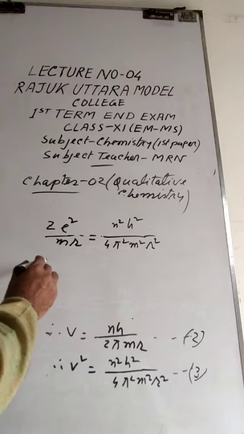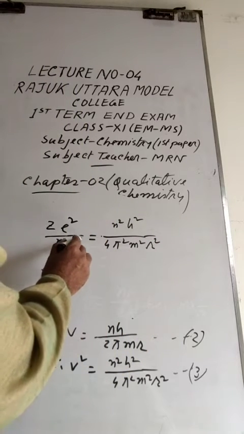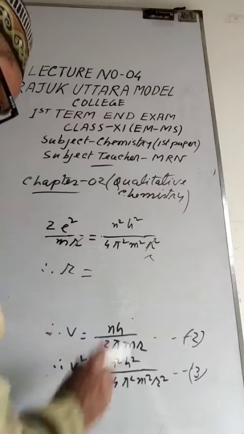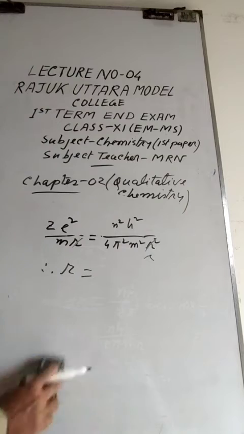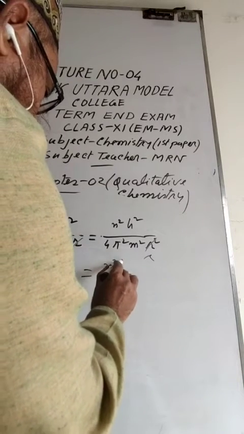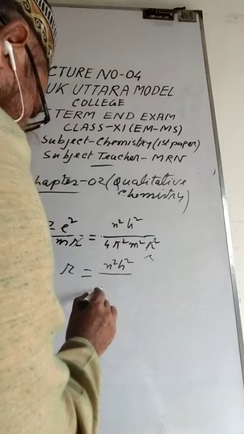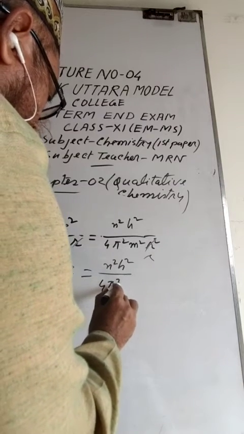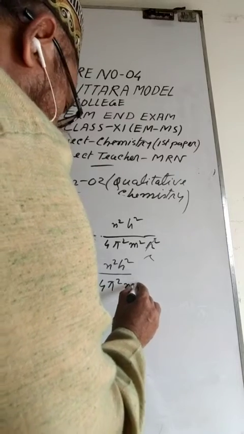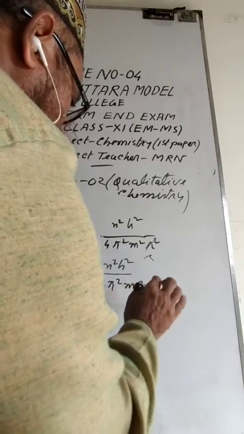From this, by cutting this r from both sides, we get r equals n square h square by 4 pi square m Z square.